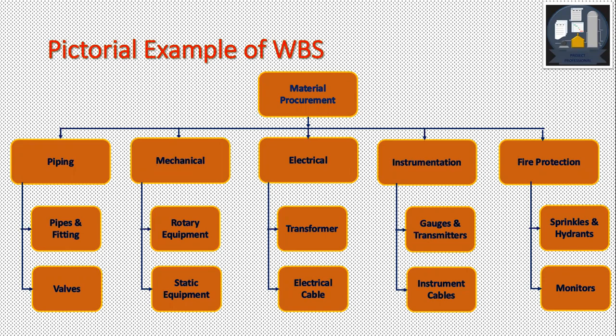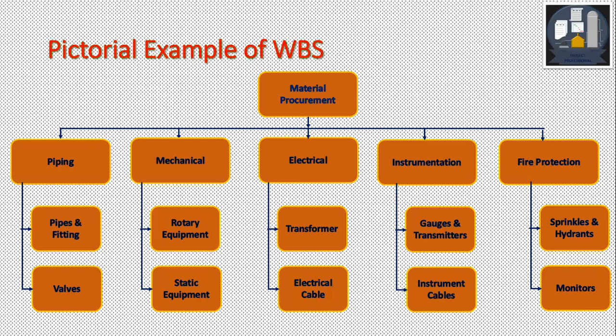Mechanical, we may have like rotary equipment and static equipment. Rotary equipment like pumps, compressors, etc. Then static equipment may be like heat exchangers, pressure vessels, columns, etc. Then we have the electrical, under the electrical, the transformer, electrical cables, etc. Maybe the DBs and all these things.